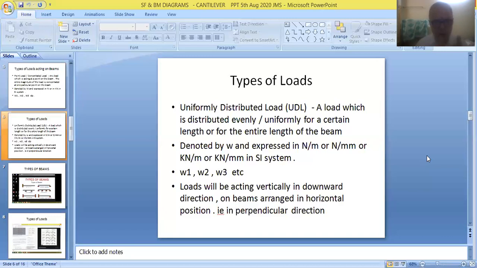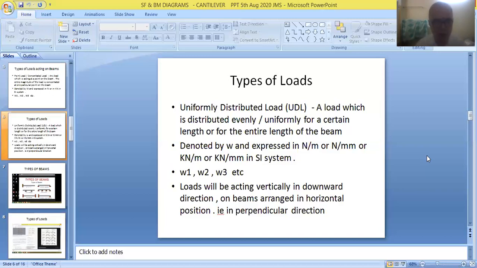Capital W is used for indicating point loads expressed in newtons or kilonewtons. Small w is used for indicating UDLs expressed in Newton per meter, Newton per millimeter, kilonewton per meter, or kilonewton per millimeter. So friends, these are the units.